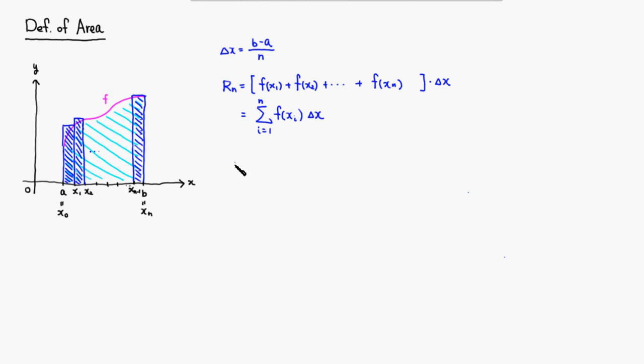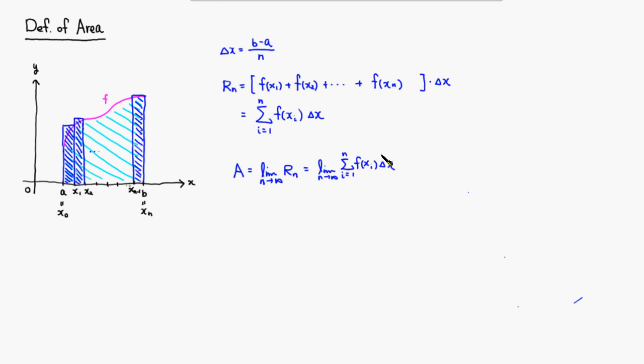So the definition is that area A is simply the limit as n goes to positive infinity of the right sum Rn, which is the limit as n approaches infinity of the summation, i goes from 1 to n, of f of xi times delta x.